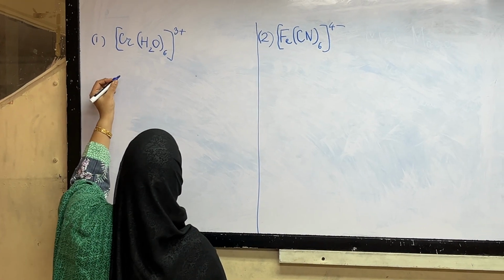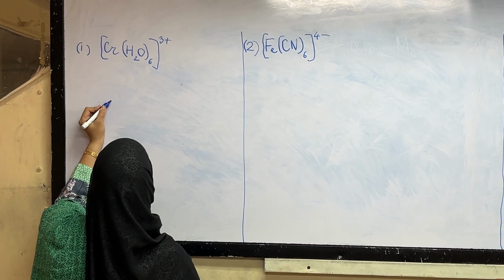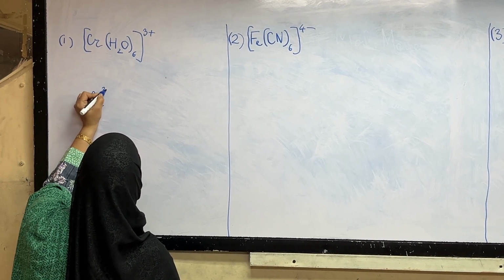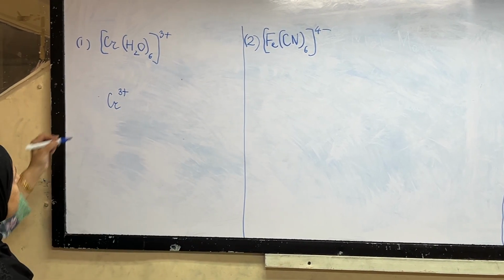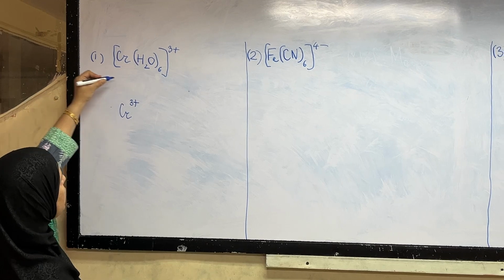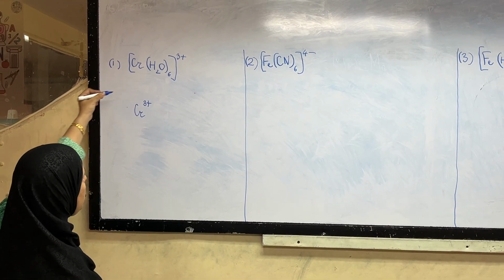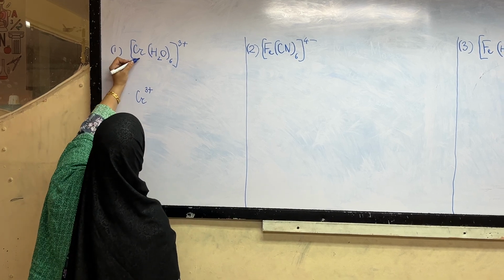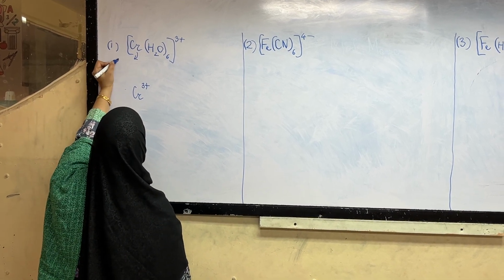So here, in this complex, we have a central metal ion, which in this case is chromium 3+. And this is surrounded by water molecules on all sides, 6 water molecules.